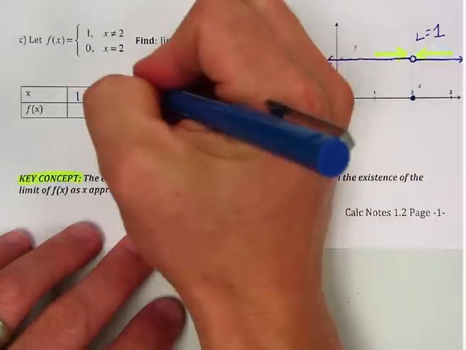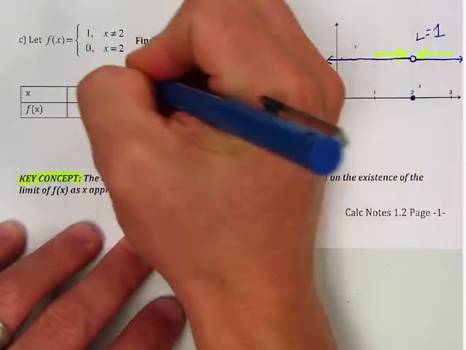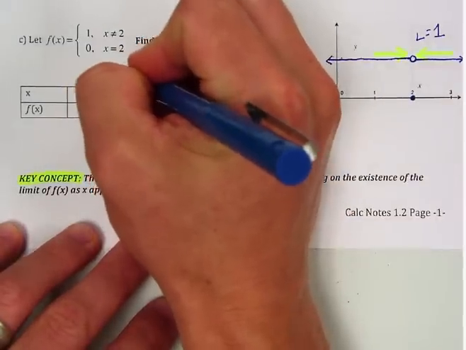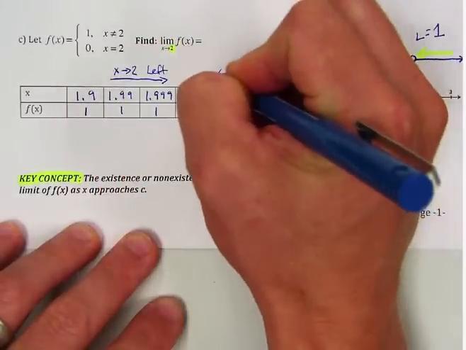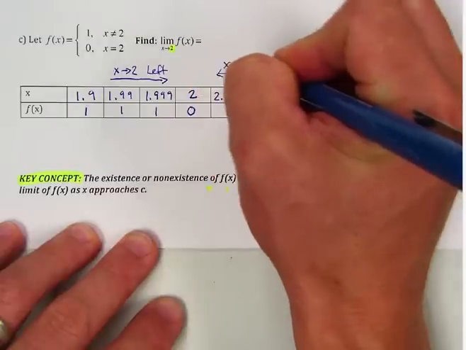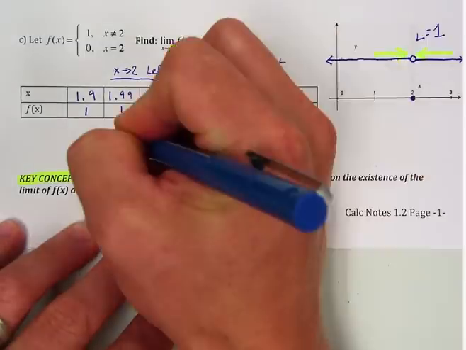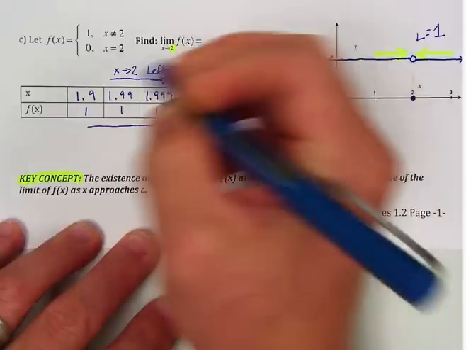Okay, so again, as x approaches 2 from the left, and x approaches 2 from the right, what's happening to our f of x value?